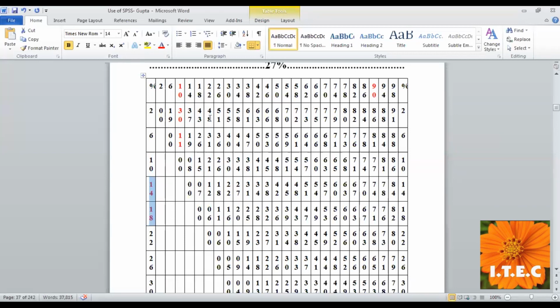And 20 will be somewhere here. This is 18. This is 18. And this is 22.